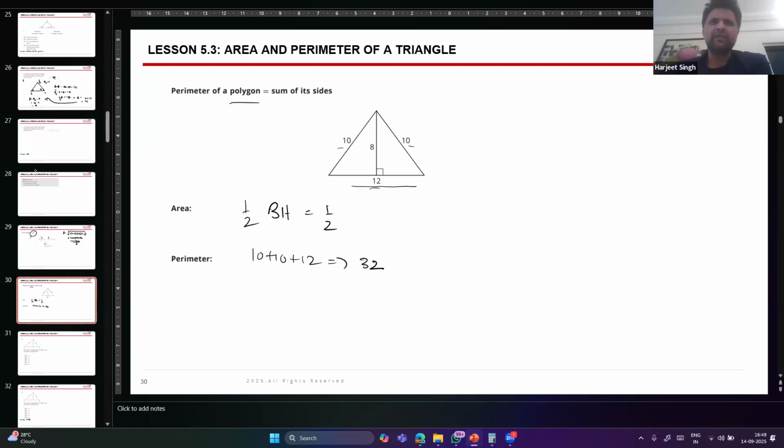Base is 12 and height is 8. So half into 12 into 8, 48.